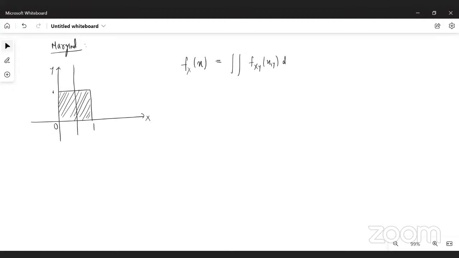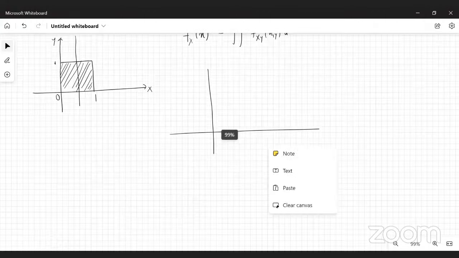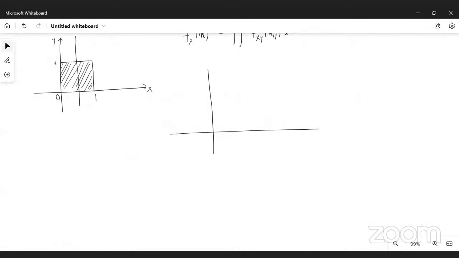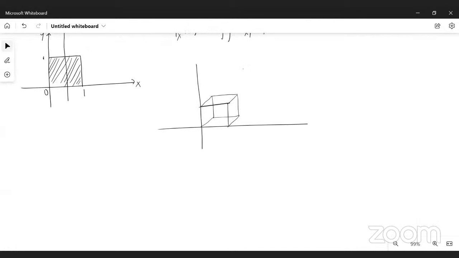Let's do this. Okay. Yeah, so basically what we are saying is we'll have 3 axes here.